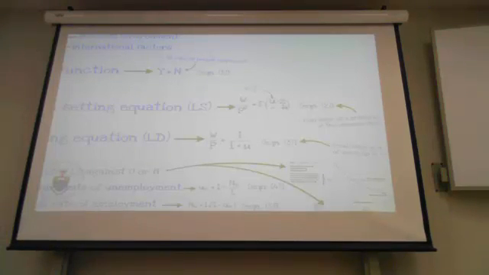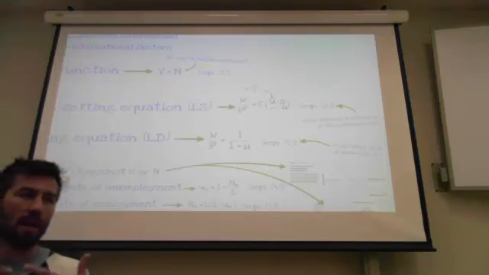So Z is the factors that would increase the wage that people would want, and U, the number of people unemployed, decreases the wage that you want. In other words, the more people are unemployed, the less likely you are to be able to negotiate a high wage.